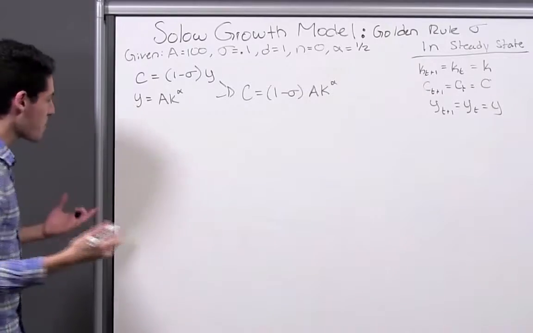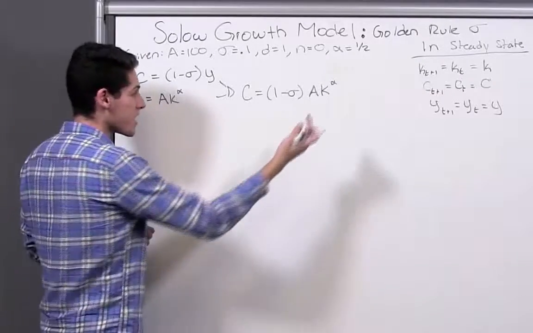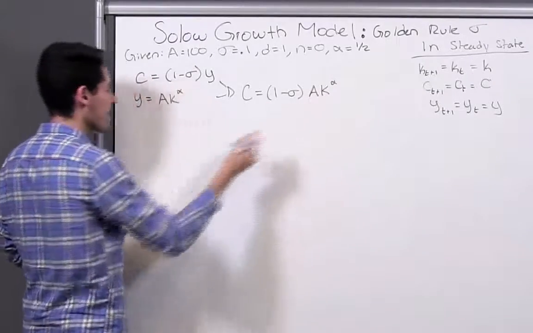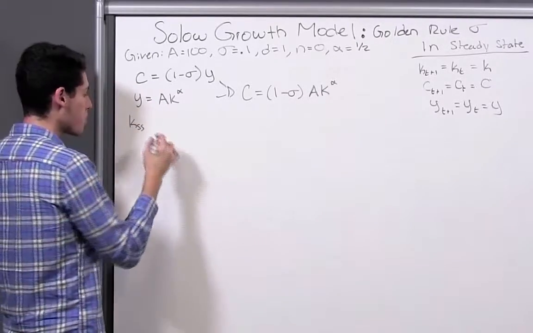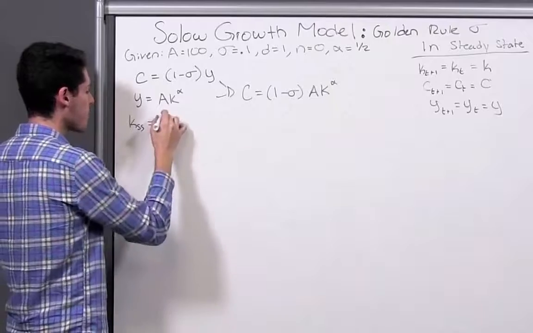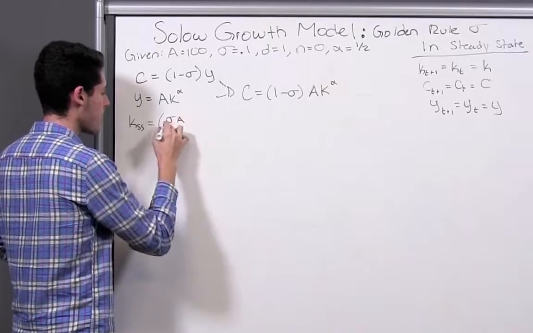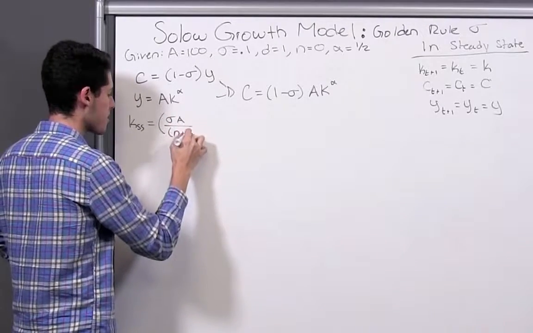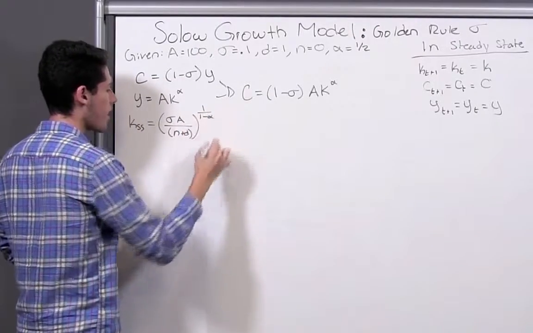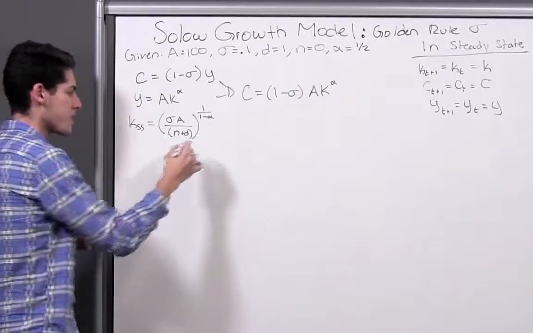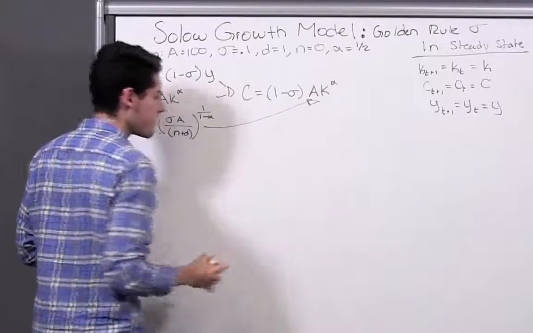But once again, remember that since this is going to be in the steady state, this K is going to be exactly equal to K in the steady state, which we know the function for is sigma times A over N plus D, all of that to the 1 over 1 minus alpha. So let's plug that in right there.